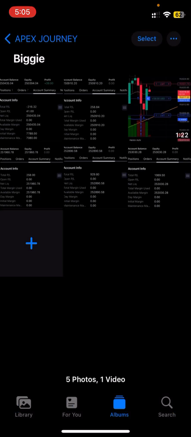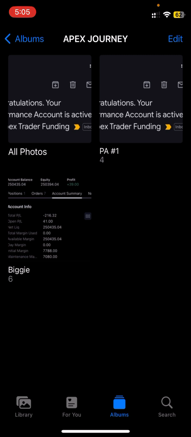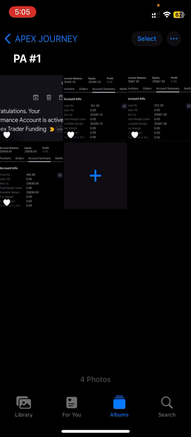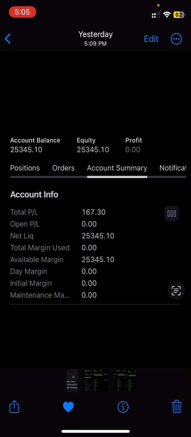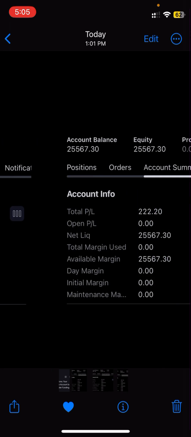Anyway, in addition to that, I also have my PA account, my funded account. I don't have an album on my third eval account, which is sort of in the middle. It's like a 50K account. So this is kind of a big deal when I got funded last week. And yesterday I was up 345 in total since I got funded last week.